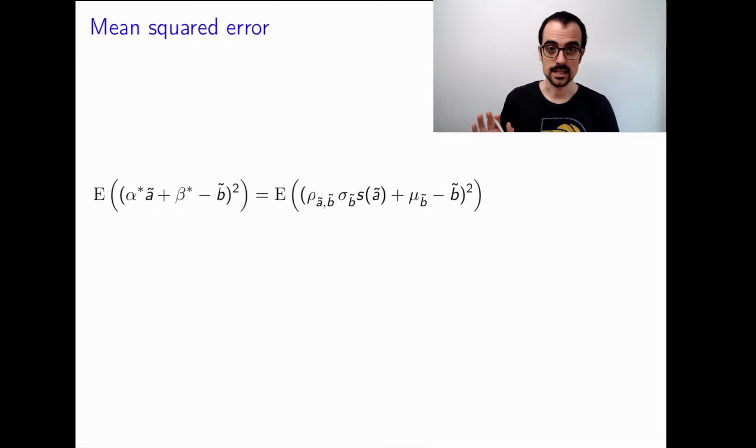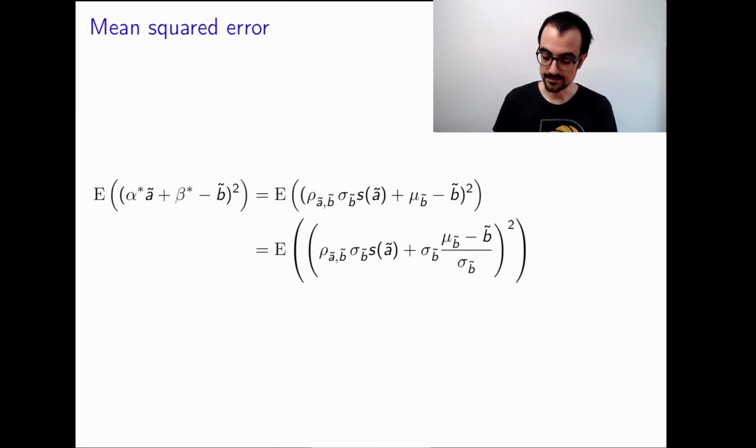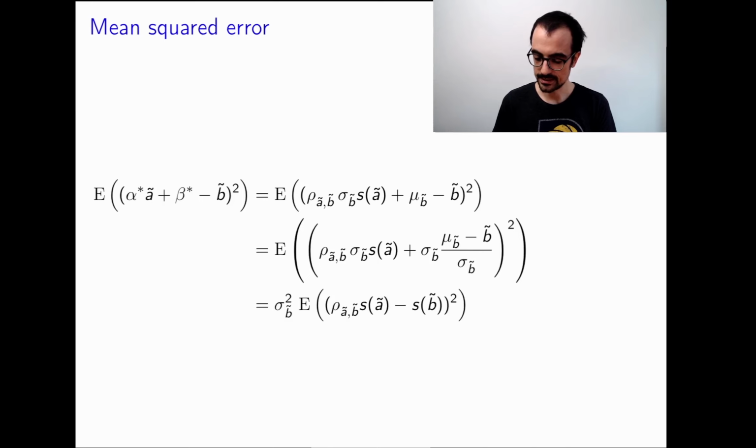We just plug in the expression, and now we're going to group B and its mean, and we're going to multiply and divide by the standard deviation in order to get the standardized version of B, because that is going to simplify the expression a lot. Okay, so now we take this sigma B out. This is what is happening in this step.